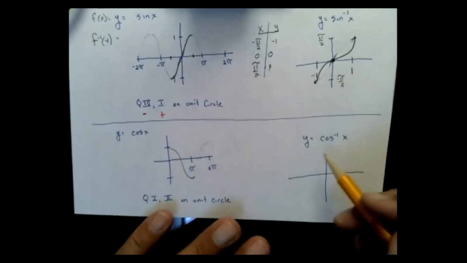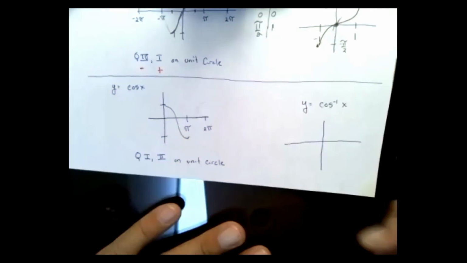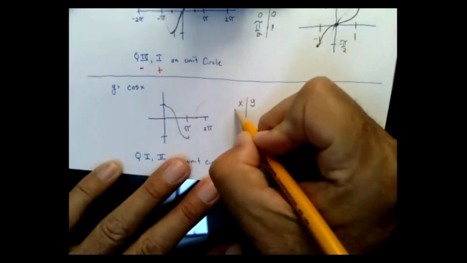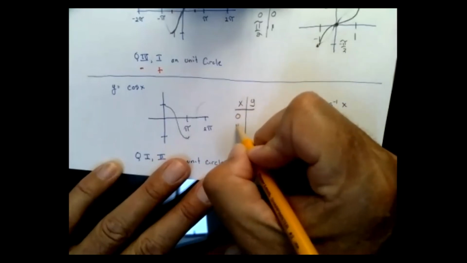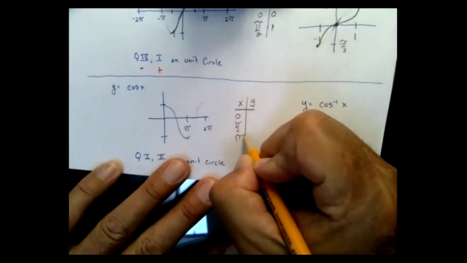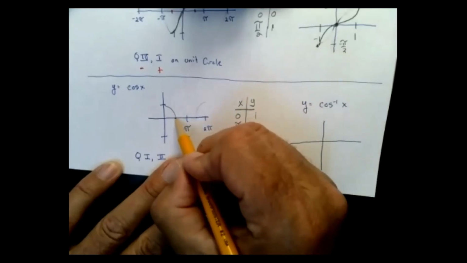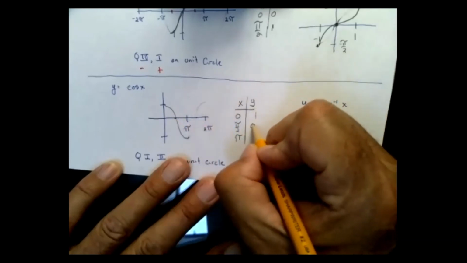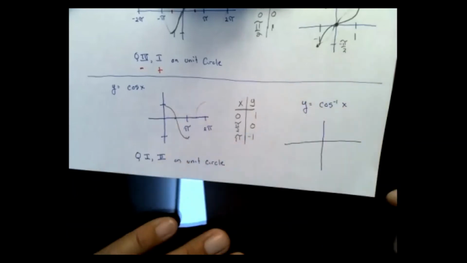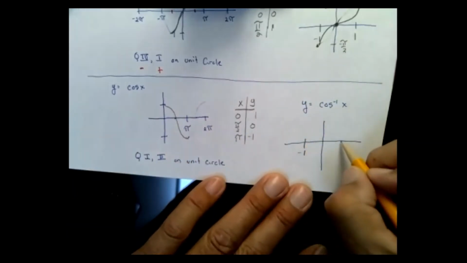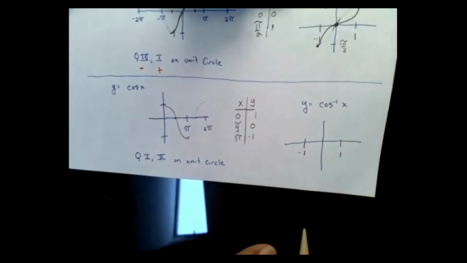And if I want to take a look at the graph here, let's see, I pick some points. I have 0, pi over 2, and pi. 0 is 1, pi over 2 is 0, and pi is -1. So if I come over here, I have -1, I have 0, I have +1.